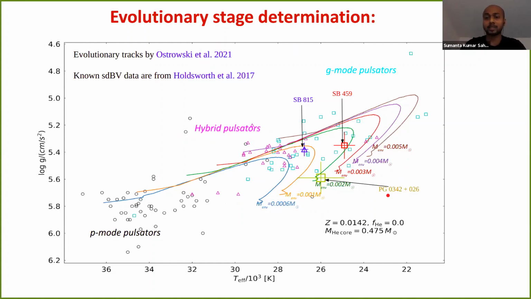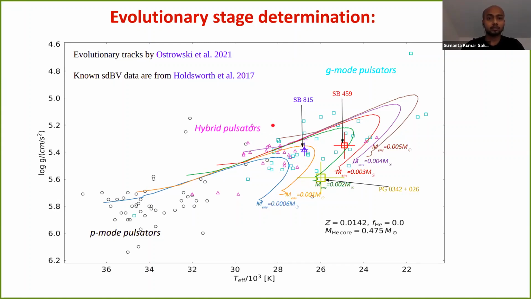For the target PG0342, we can see this is an early phase of sdB with an envelope mass ranging from 0.001 to 0.003. SB459 is more towards the mid phase of sdB with an envelope mass of 0.002, and SB815 is in a much more evolved sdB phase with an envelope mass of 0.001.